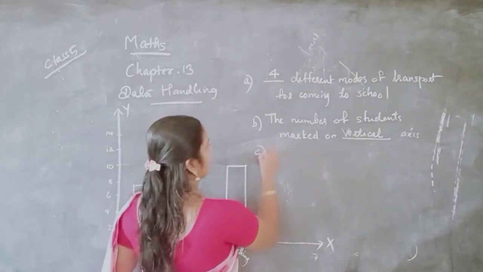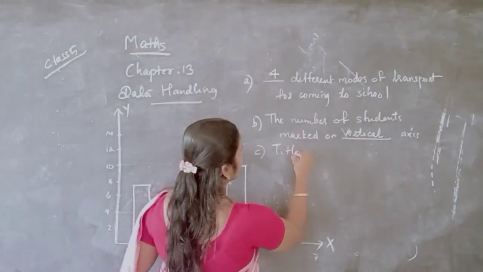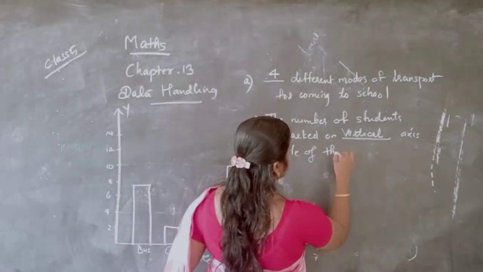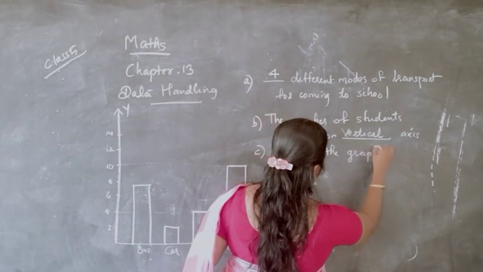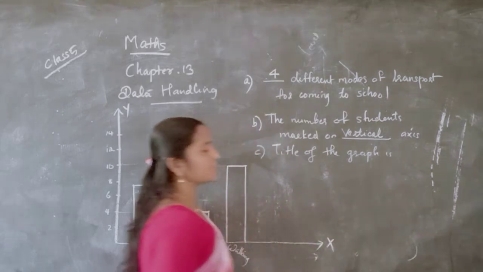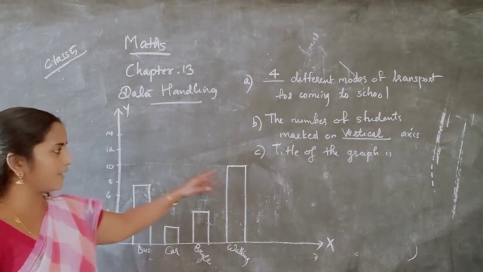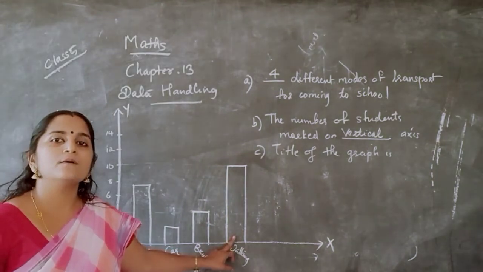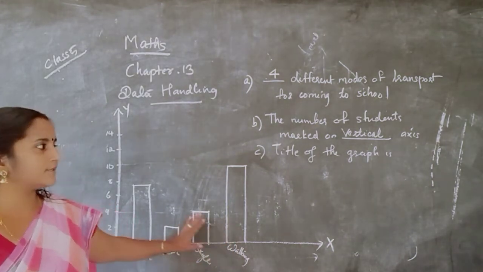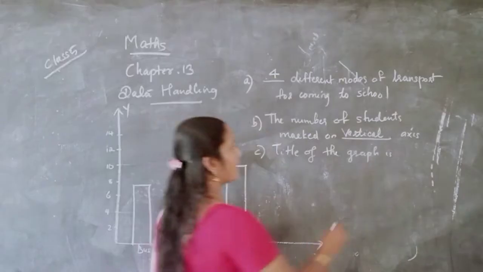And what is the title of the graph? The title of the graph is dash. Can you say what is the title of the graph? Bar graph. Here bars or rectangles are used to represent it. So the title of the graph is bar graph.